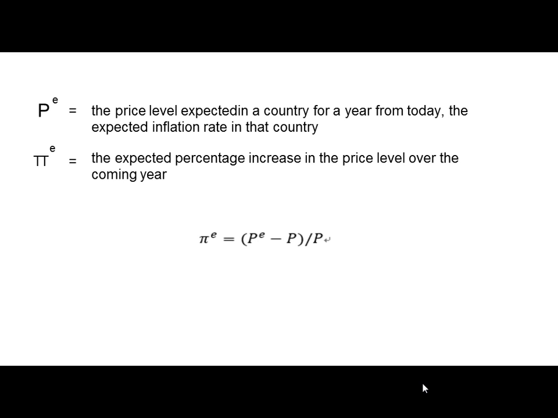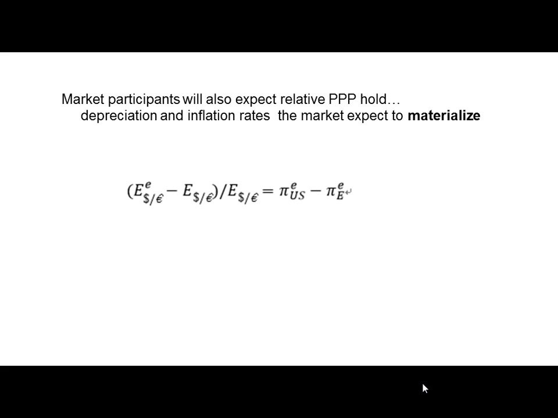P is the price level expected in a country one year from today, and this is the expected percentage increase in the price level over the coming year. Market participants will also expect relative PPP to hold, so we can replace actual depreciation and inflation rates with the values the market expects to materialize.